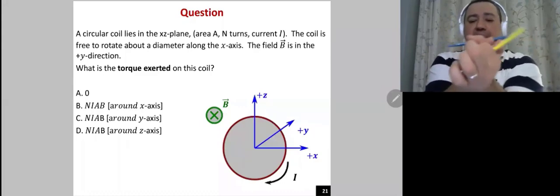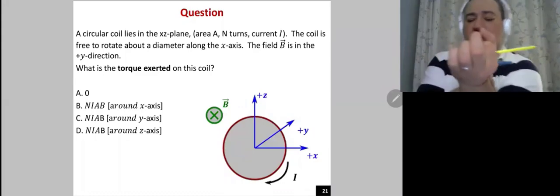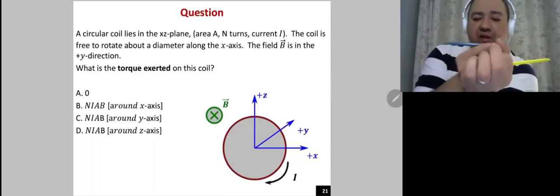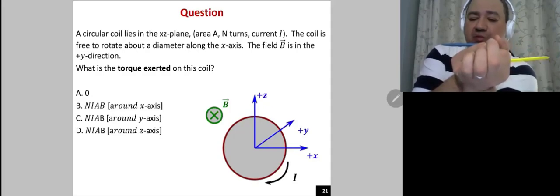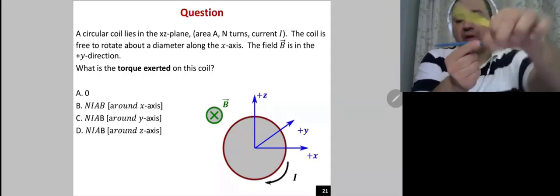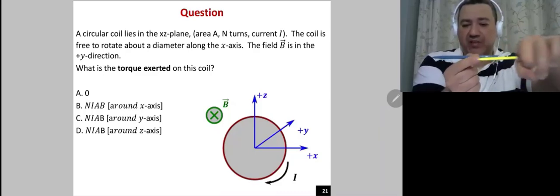Now, if I have the coil and the magnetic dipole moment is aligned this way, and the magnetic field is in this direction, right? Although the torque here is zero, as I said, this position is an unstable position. Any small motion will result in that coil flipping and coming this way, such that the magnetic dipole moment is aligning with the magnetic field.